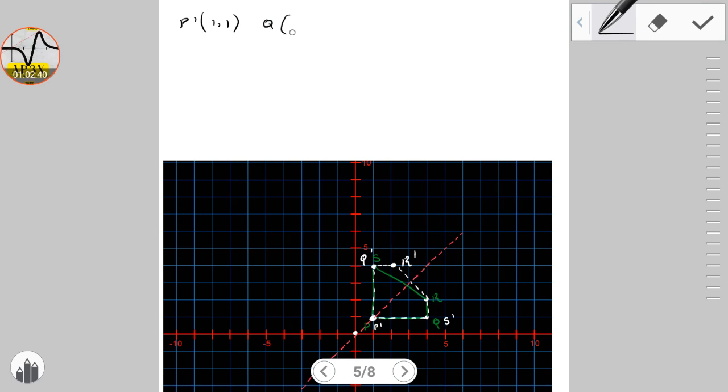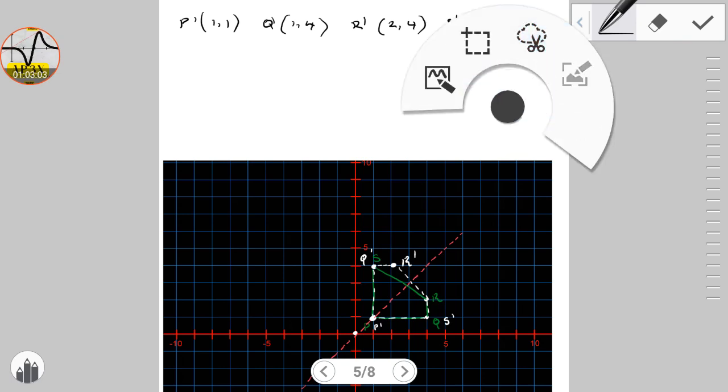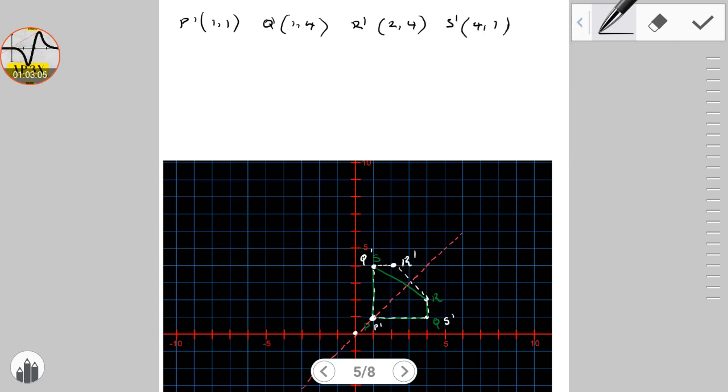Q prime is 1, 4. R prime is 2, 4. And S prime is 4, 1. And these are the points after the reflection.